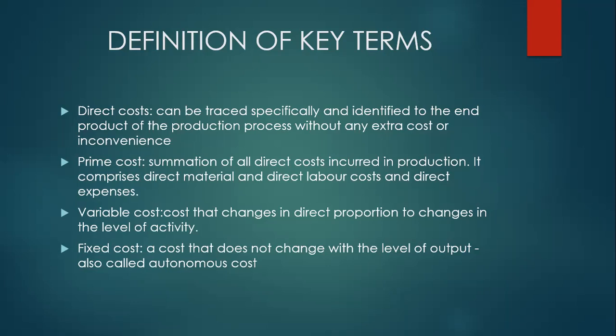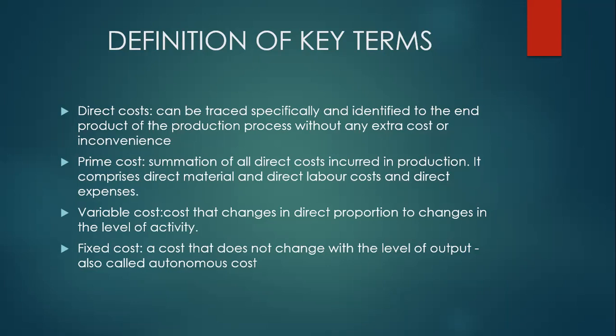So it's directly proportional. Now, there are some costs that will not change when the level of activity changes. For instance, you have rented a facility for your hospital. In a month, you take care of 200 patients.